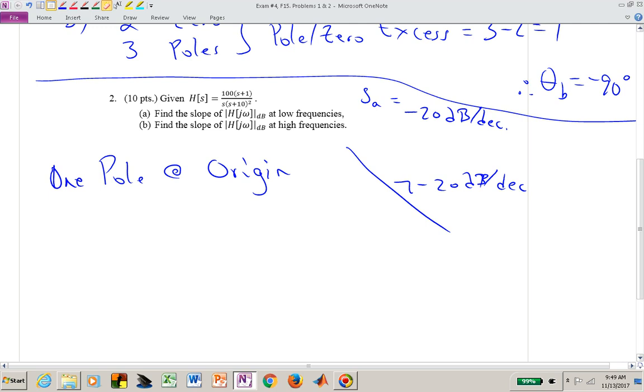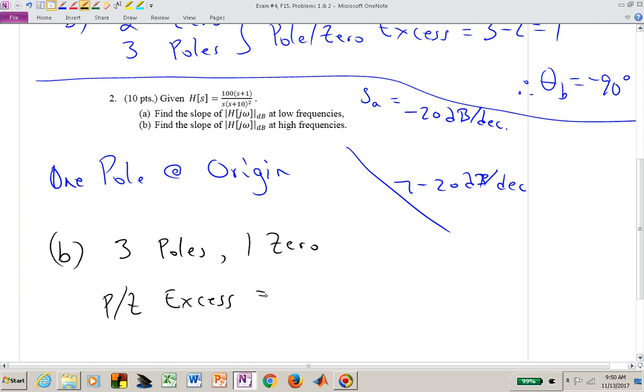And what's the slope at high frequencies? Again, when we're at high frequencies, we're assuming all of the poles and zeros have broken or been introduced, and in this case, everything is going to have been introduced into the frequency response after omega equal to 10, and we have 3 poles and 1 zero in this particular problem. So our pole zero excess is equal to 3 minus 1, which is 2.